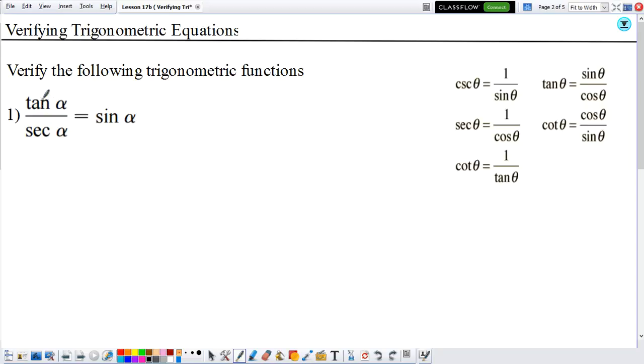Tangent, I know that I can rewrite tangent as sine over cosine. So instead of writing tangent, I'm going to write sine over cosine.